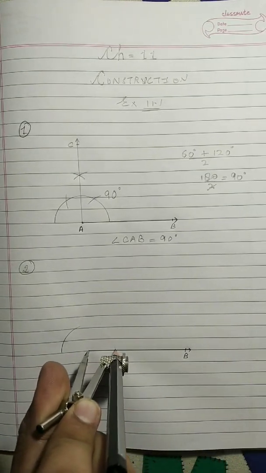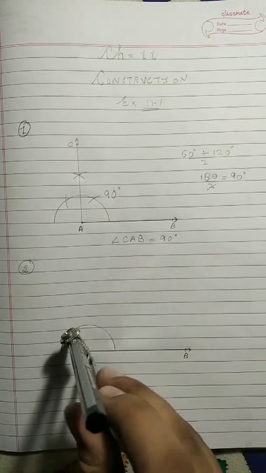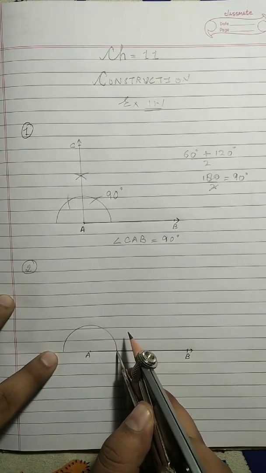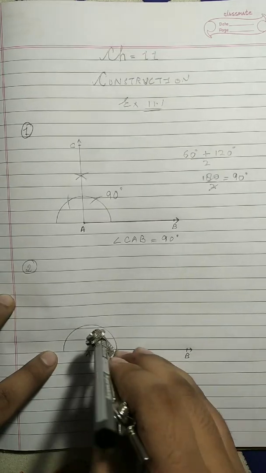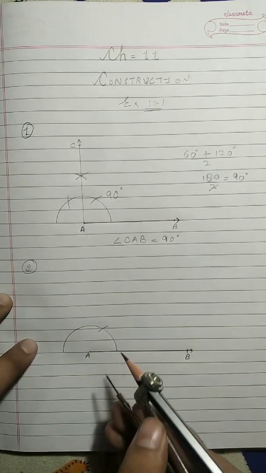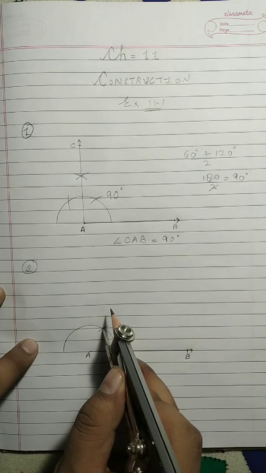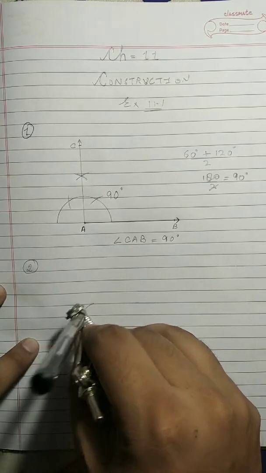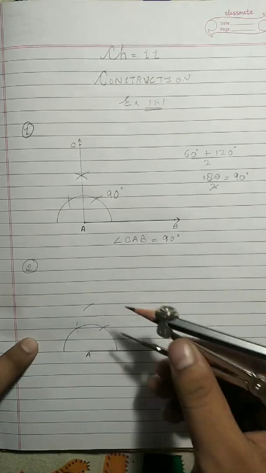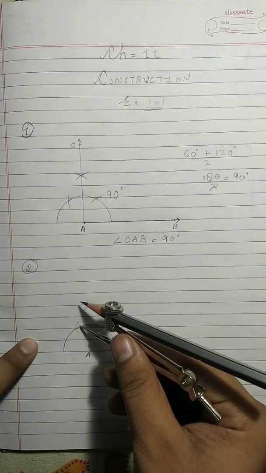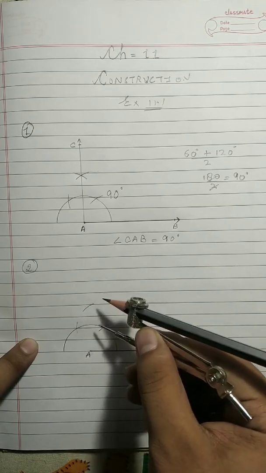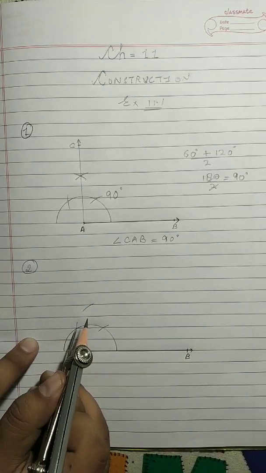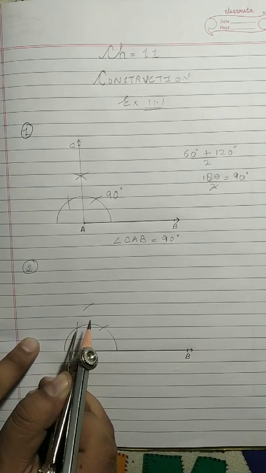in the same way. Make the arc first, then from this point make here 60, then from the same point we can make 120, then 90 arcs we can make. See, 60, then 120, then from 60 I have made this arc, then from 120 I am going to make the other arc.